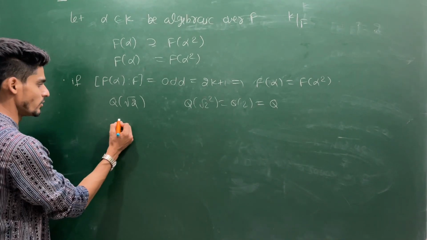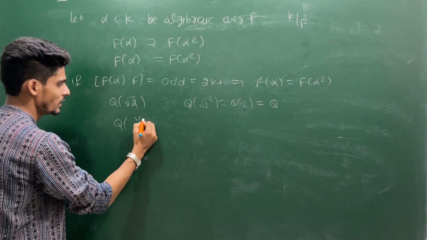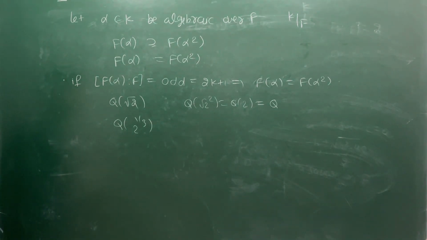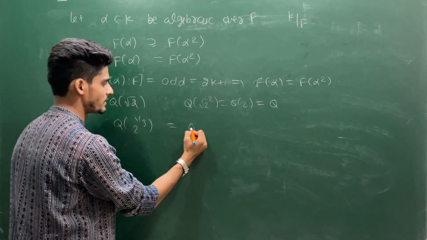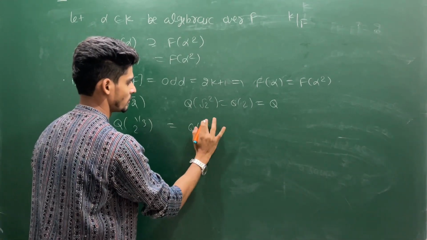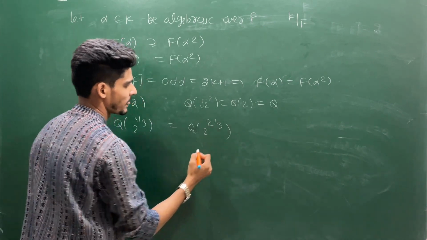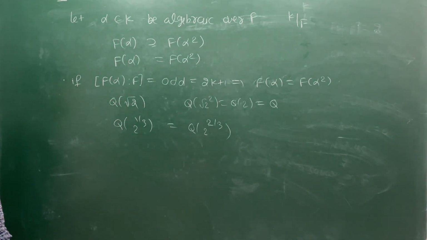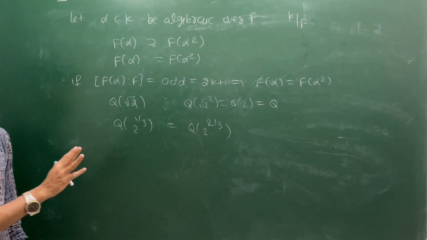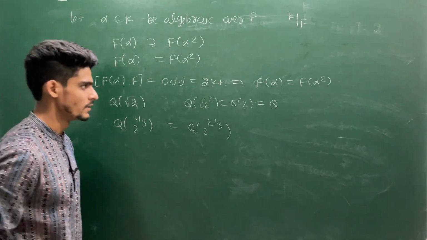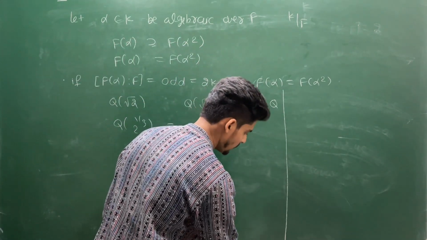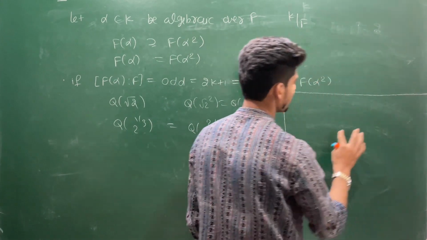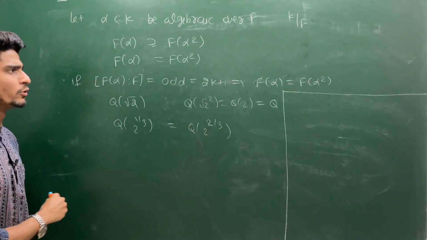But if in place of this, you choose Q(2 power 1 by 3), then this extension and this extension both are same. That you can verify. You will verify within 2 or 3 minutes. For a particular case, I will just give you a hint. The whole proof you will write by yourself.